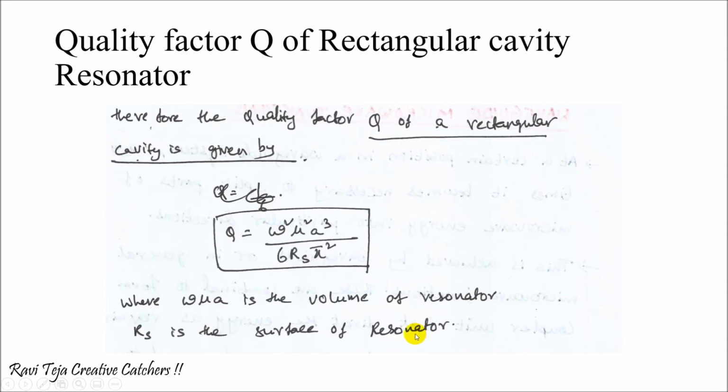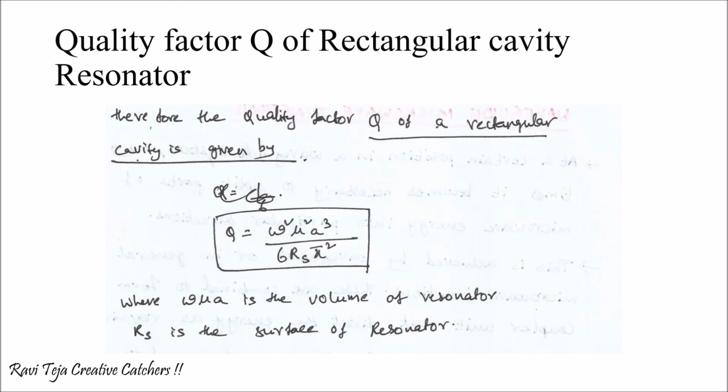Consider any cavity resonator; based on these parameters, the quality factor of a rectangular cavity resonator is Q equal to omega square mu square A cube by 6 RS pi square.